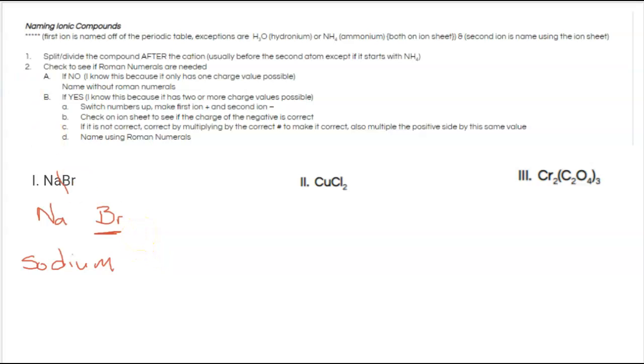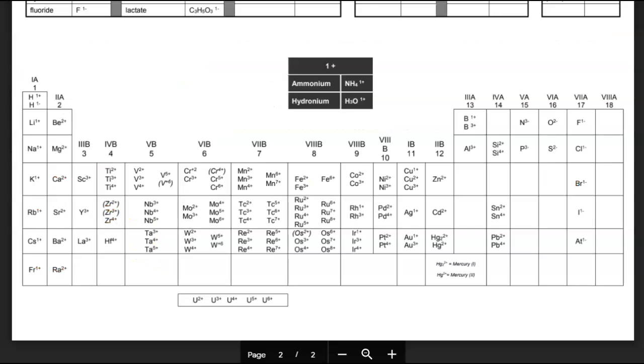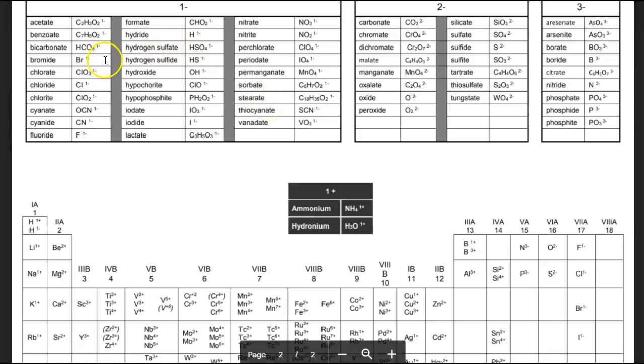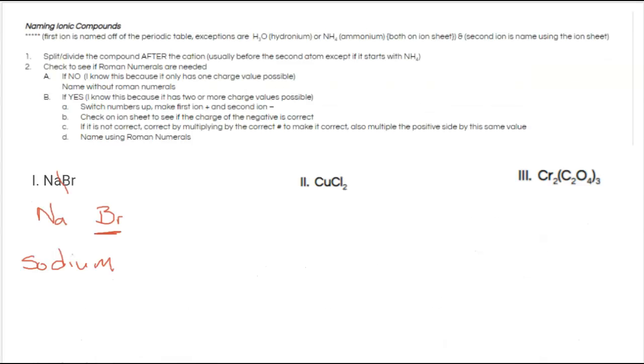When I look at my periodic table and I look at my Br, Br is a -1 charge, its name is bromide. So when I write the formula, I have sodium bromide. And that's all there is to naming that compound. That one's very straightforward because no Roman numeral was necessary.